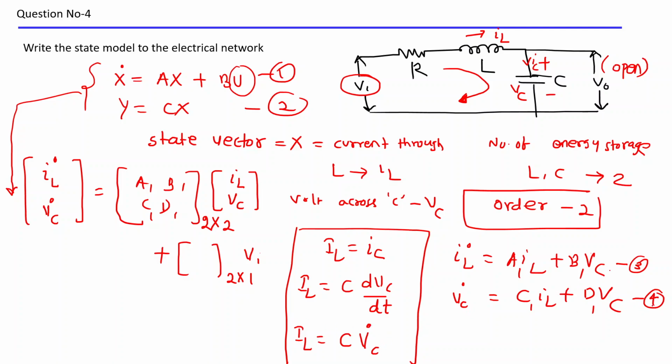You can see the fourth equation format, Vc star is something. So if I write it down, Vc star is nothing but IL by C. This equation can be represented by this. If this equation is clear, I am representing this equation as 5. Yes, sir. Now by looking at 4 and 5, can you tell me what is C1?